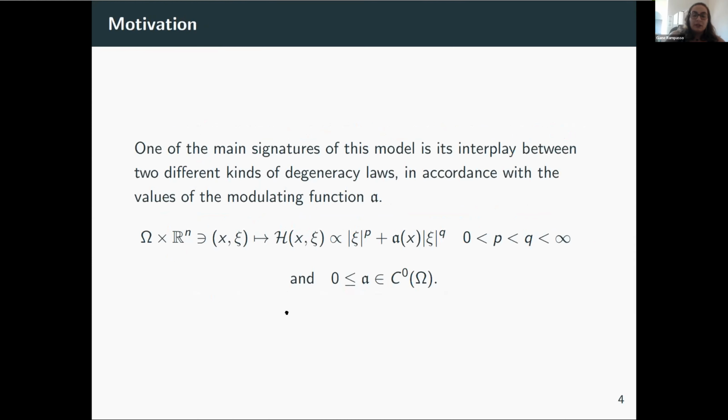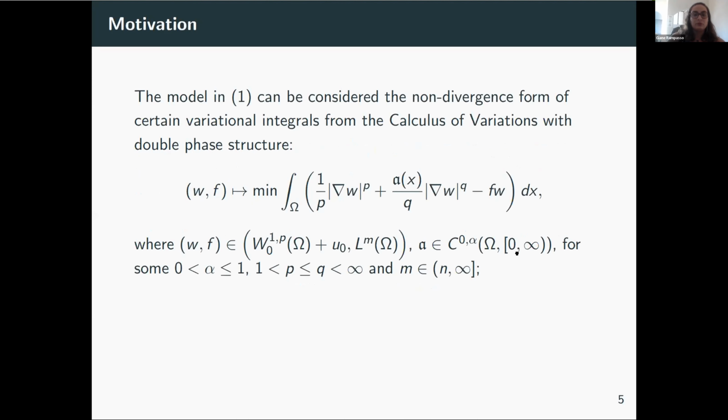One of the main signatures of the model we are investigating is its interplay between two different kinds of degeneracy laws, according to this modulating function A. This function A is non-negative and continuous, and P and Q are positive and bounded, where P is less than Q. This model can be considered a non-divergence form of certain variational integrals from the calculus of variations, in the double phase structure, where we look at the minimization problem of this functional.